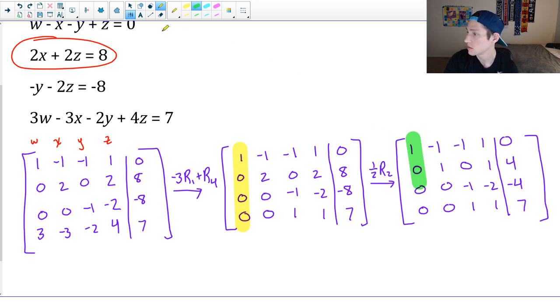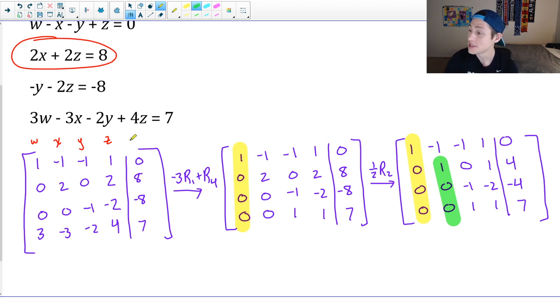So I'm lucky. First row, 1 zeros. Second row, 1 zeros. Right. Starting from the main diagonal. So I don't care about the negative 1 that's above it right now. I'll worry about that later. But 1 zeros below it, 1 zeros below it.